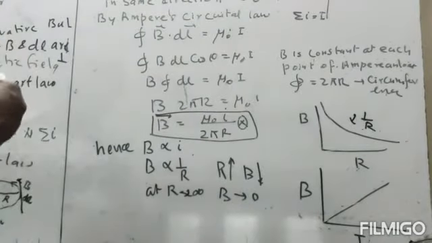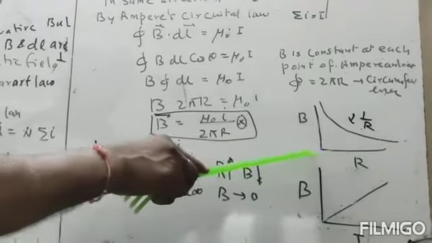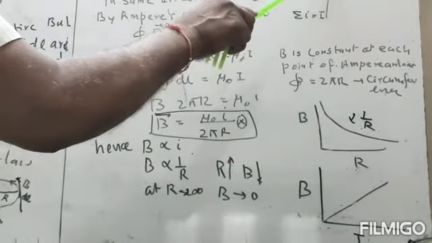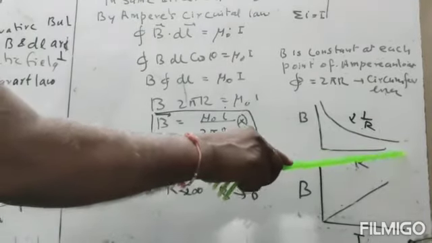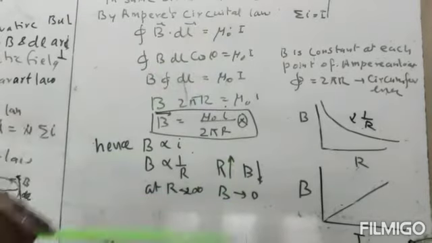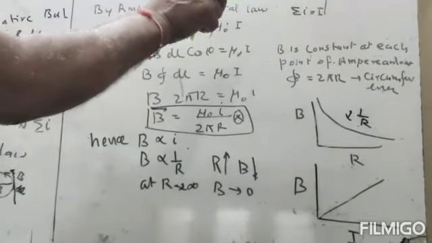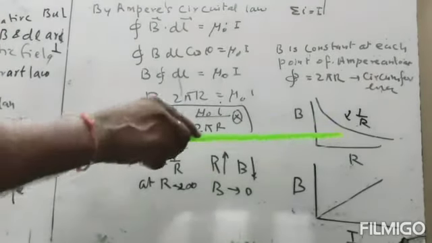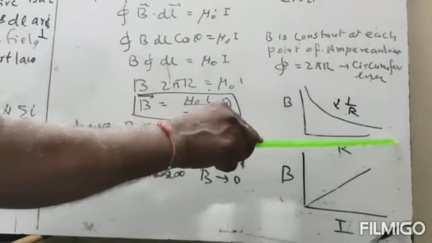And B will be equal to 0 at infinity, where R becomes very large.